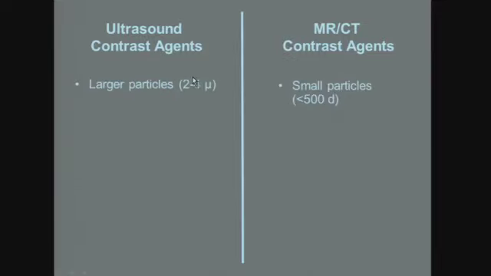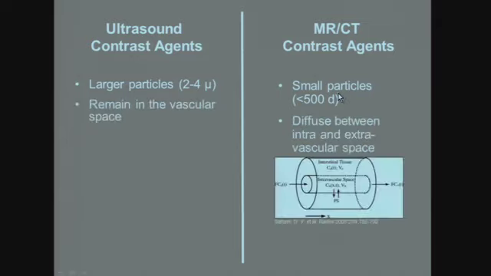So just to contrast ultrasound contrast agents with MR and CT contrast agents, these are much larger particles, and our MR and CT contrast agents are very small particles, and because they are larger, they remain in the vascular space. The MR and CT contrast agents diffuse freely from the intravascular space into the interstitial tissue.